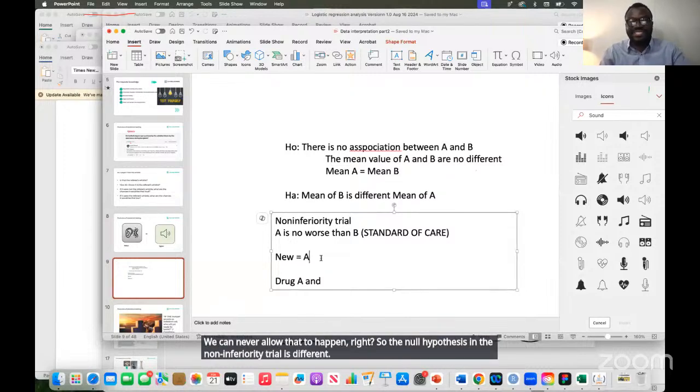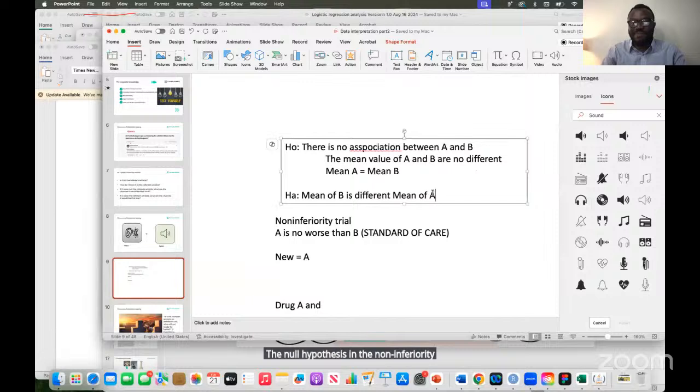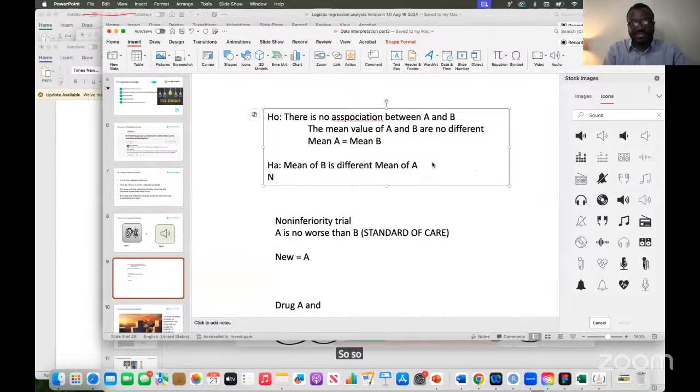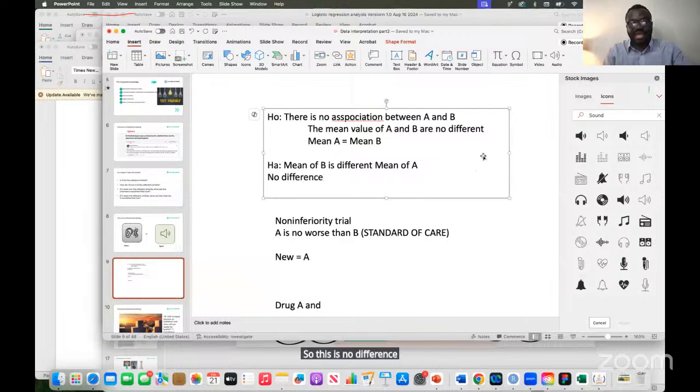The null hypothesis in a non-inferiority trial, so your hypothesis here, let's just put it in a casual way so that we can see the difference. So this is the no difference null. And in the alternative, we're saying there's a difference.